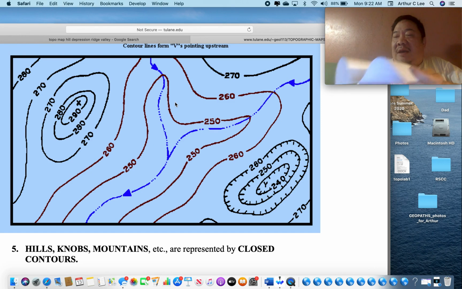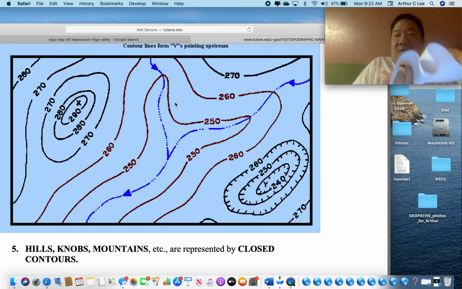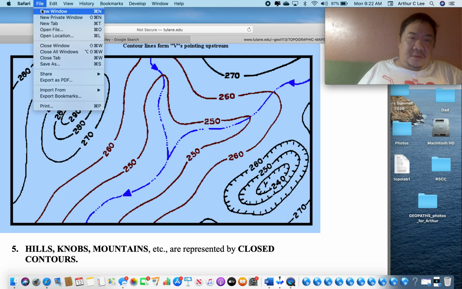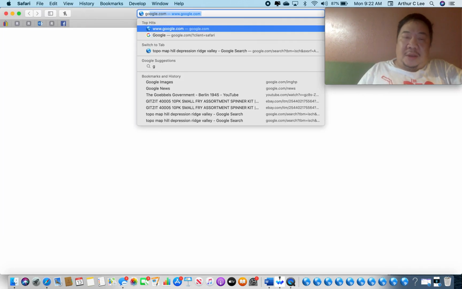So you've got ridges on both sides of valleys, and you might have another valley over here. Oh, it's hard to show this. I can't do it with the paper. Let me show you by going to Google.